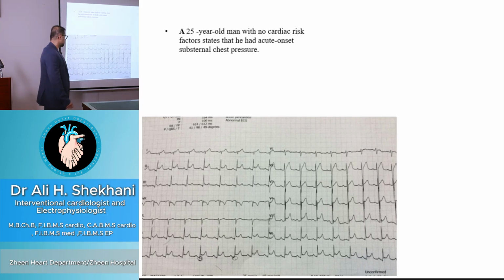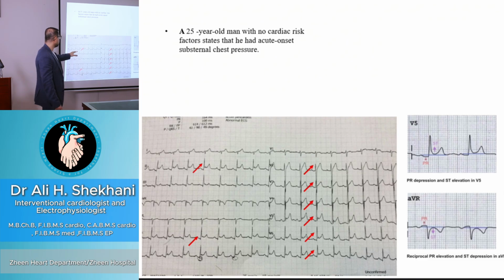If you look at this ECG, there is ST elevation, but it is diffuse ST elevation involving both inferior and anterior leads, which is unusual for myocardial infarction. Usually in myocardial infarction, the ST elevation is localized and associated with reciprocal changes.